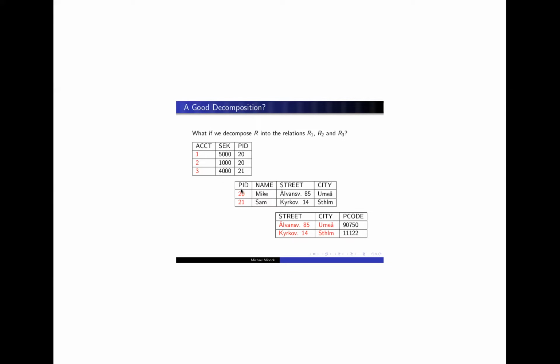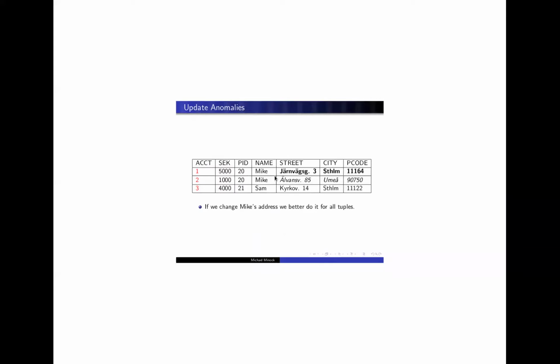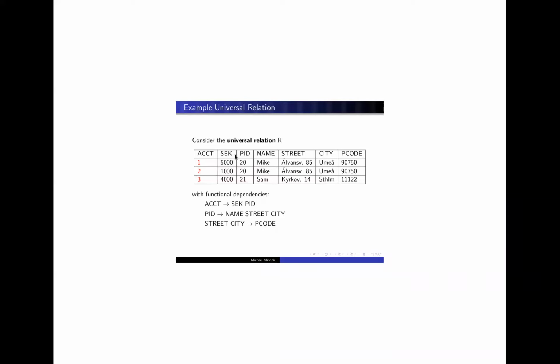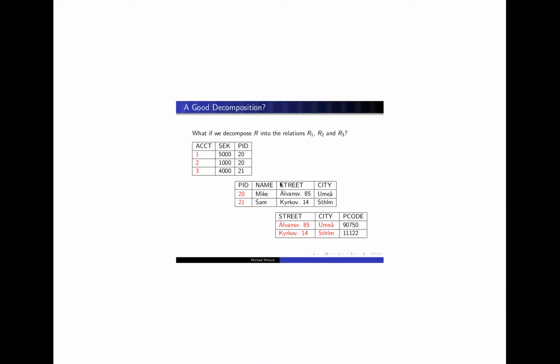Then we have the table of customers and their addresses. And then we have a third table which associates addresses with postal codes. So instead of representing things with this giant big table, we represent things with these 3 tables.